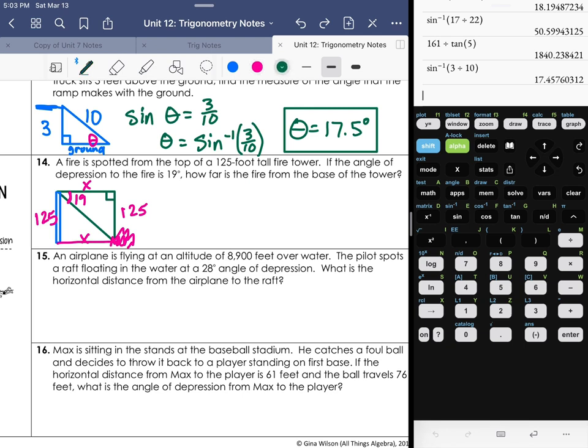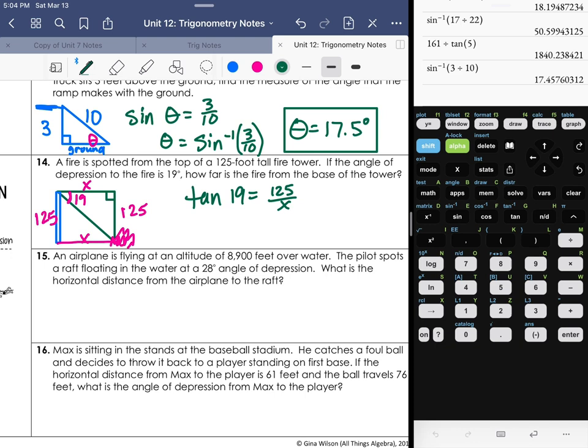All right, so we are trying to find the tangent, not the hypotenuse. The hypotenuse is here. So we are not trying to find the hypotenuse. We are going to use tangent because we have opposite and we're trying to find the adjacent. All right, so we're going to do tangent of 19 equals opposite over adjacent.